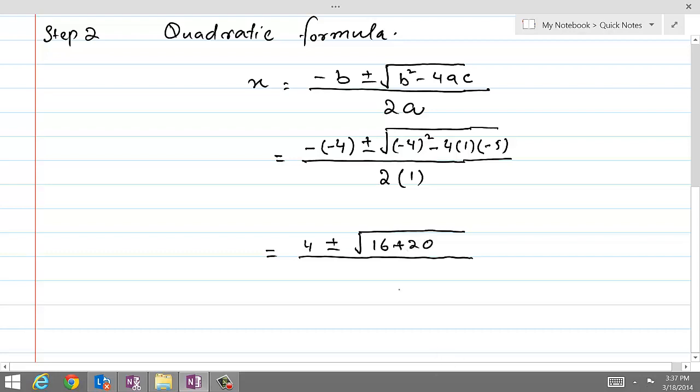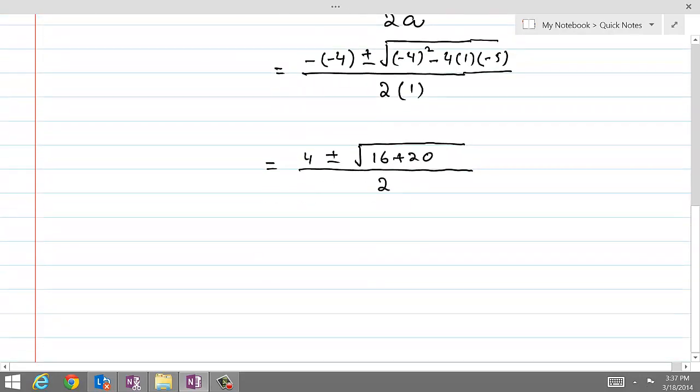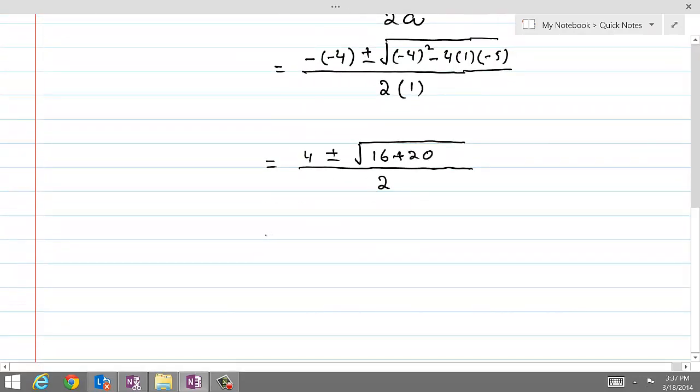So this is 20 over 2 times 1, which is 2. Here we have it in a little simplified form, but we are going to continue to simplify it until we reach the dead end. Here 16 plus 20 is 36, square root of 36, and then over 2.